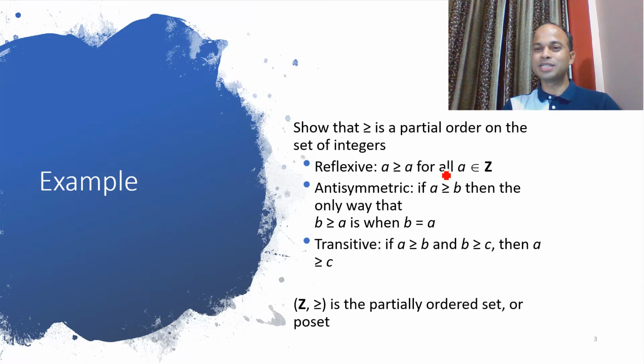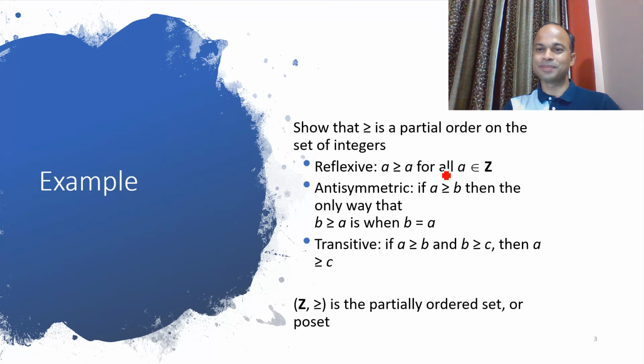So we need to satisfy all these three properties. Property number one, that is reflexive. In the reflexive property, it should be related with A. So it simply means with greater than equals to relation, we can say that A is greater than equals to A. This is true. Therefore, reflexive property is satisfied.